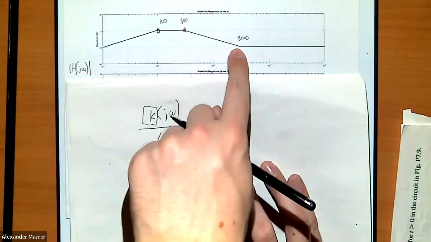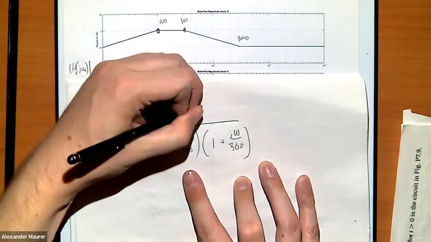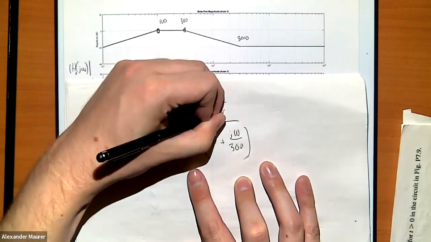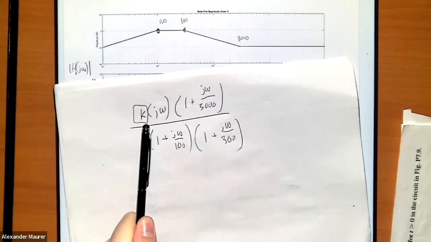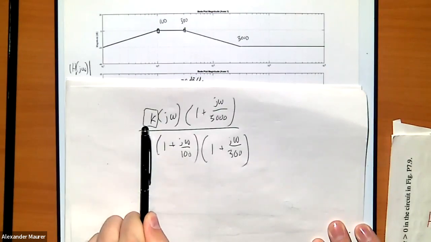And then from minus 20, we get a break that takes us to 0 at 3000. So this is 1 plus j omega over 3000. And that's fine. So the trick is to find K. That's the part that makes this messy.